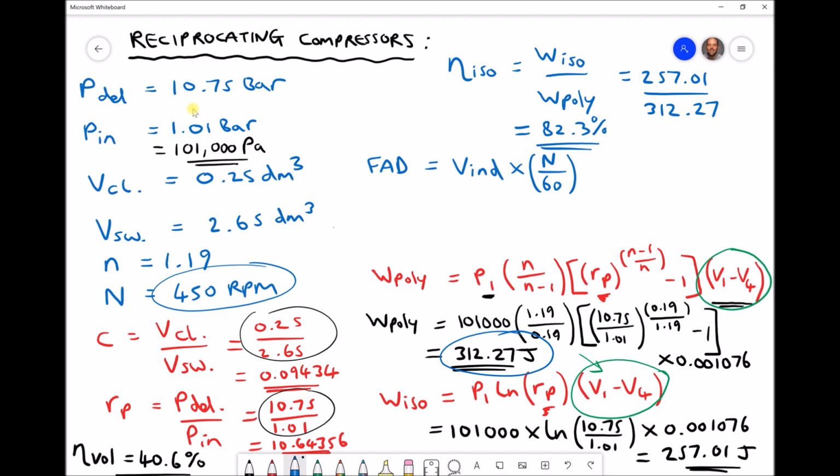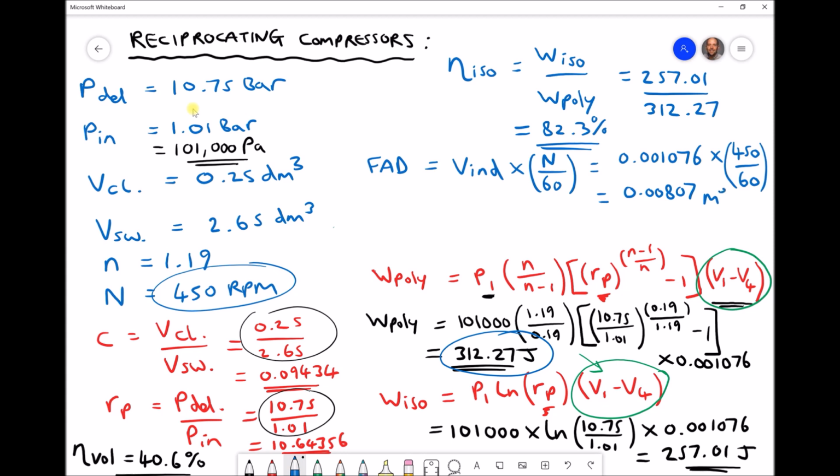Our free air delivery then is our induced volume of 0.001076. Note that we're working in meters cubed there, times our number of cycles every minute divided by the number of seconds in a minute, giving us a free air delivery then equal to 0.00807.